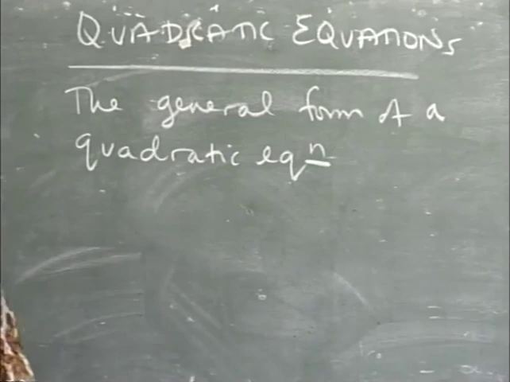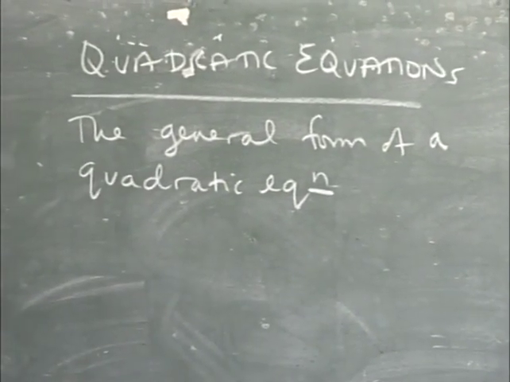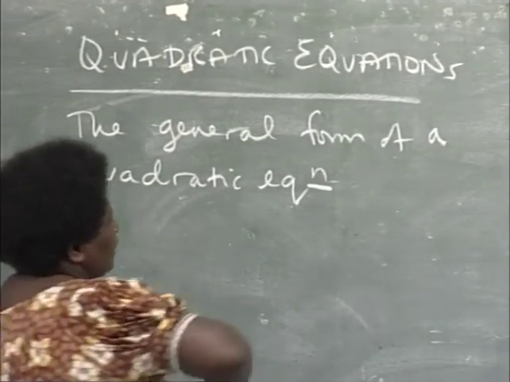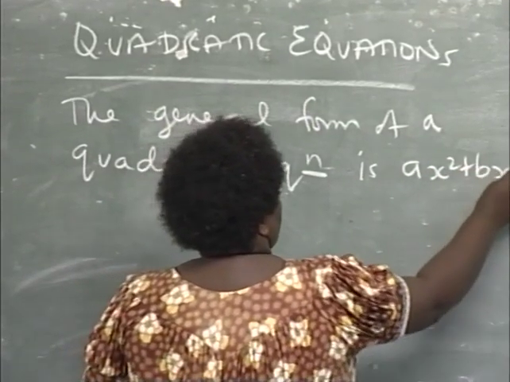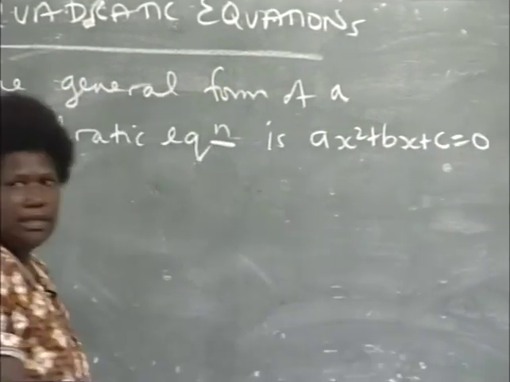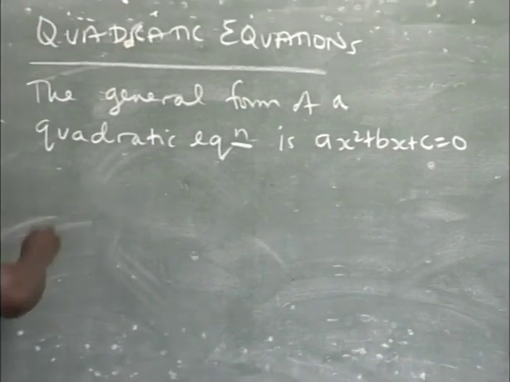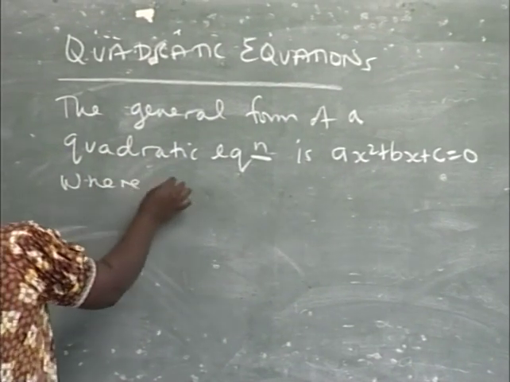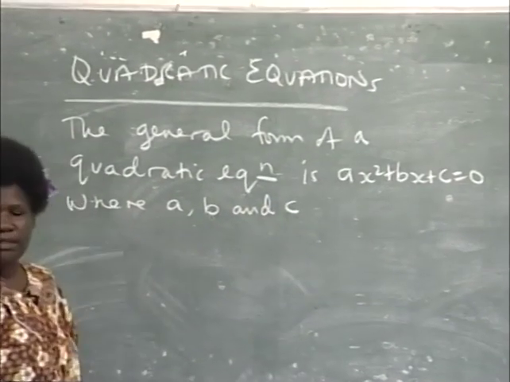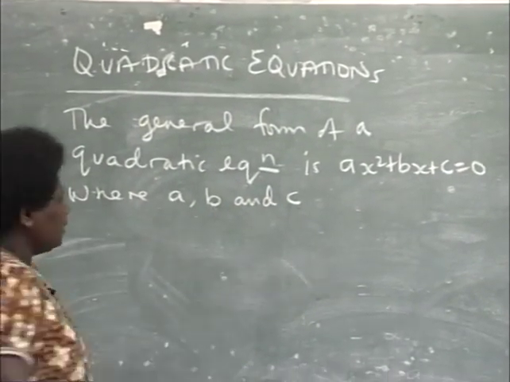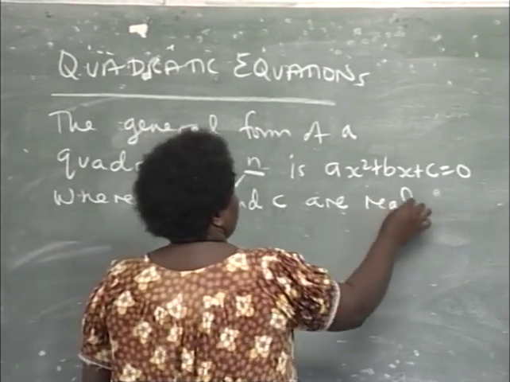I'll just use EQN with the line below N to mean equation. So the general form of a quadratic equation is given by ax squared plus bx plus c. It must have an equal sign and it will have to be equal to 0, where a, b, and c are what type of numbers? Real numbers. Good, you at least can remember, are real numbers.